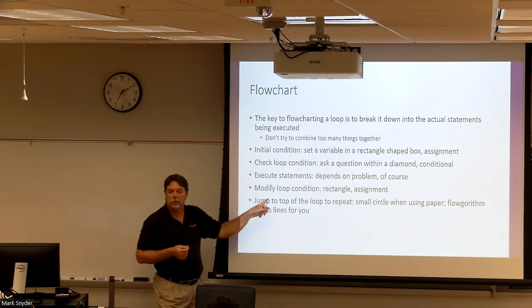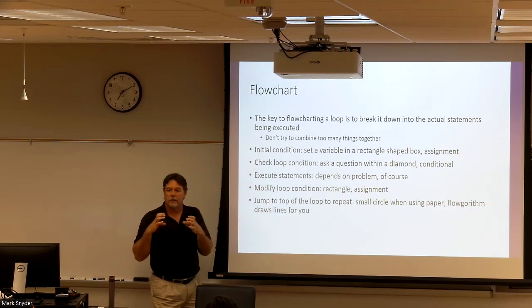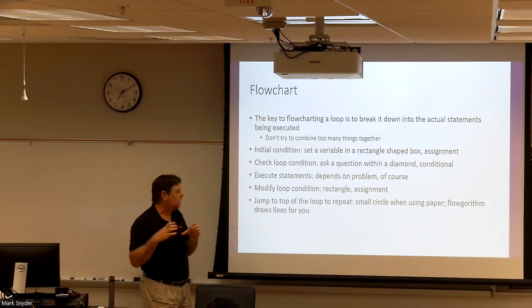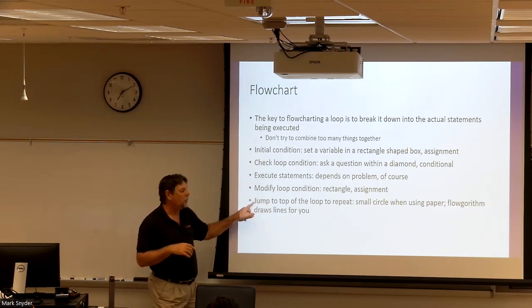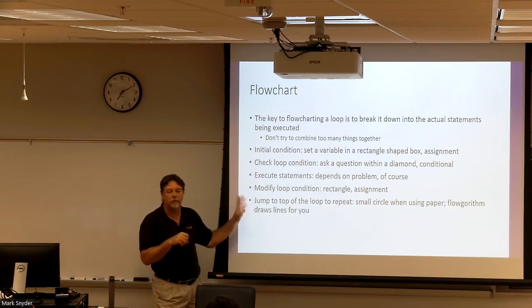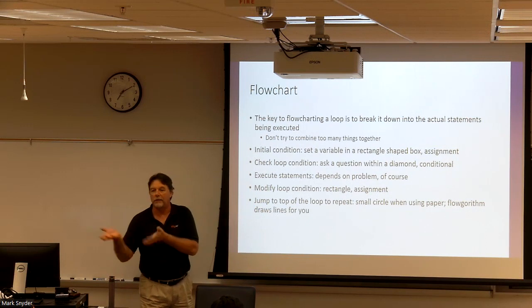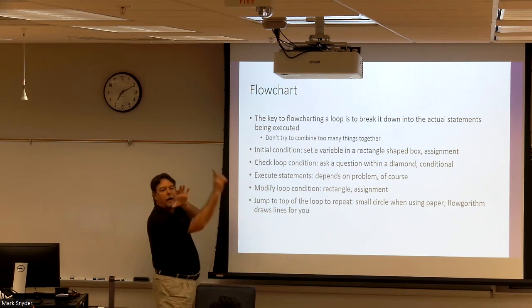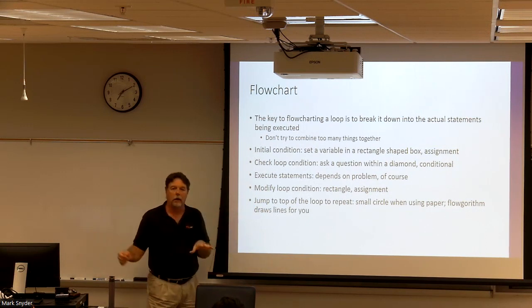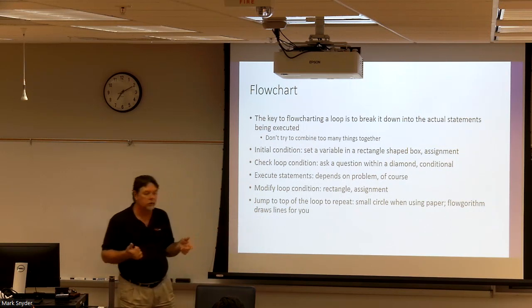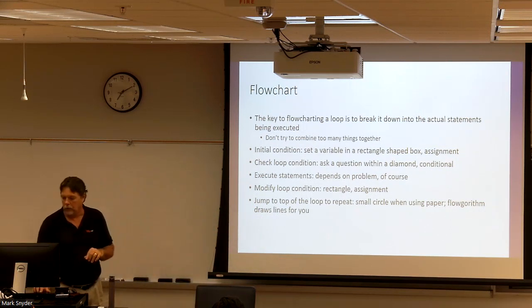Modifying a loop condition, we would technically represent that as an assignment statement with a rectangle again. And then we introduce this other thing. When I'm writing this on paper, I do this. If you're doing Flowgorithm, it'll draw the line back around at the top kind of thing. But if I'm doing it on paper, it's probably best to just show an example.